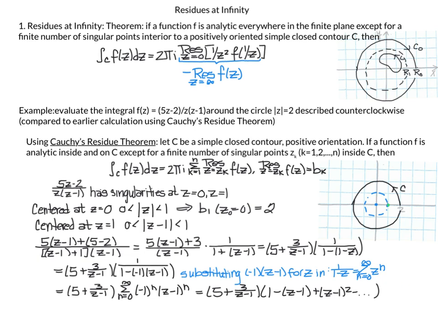We're looking for the term where we have z minus 1 to the minus 1 power. We can see that when we multiply this 3 times z minus 1 to the minus 1 power, we're going to have a z minus 1 to the minus 1 power. None of these other terms will contribute when we multiply by this 3 over z minus 1 or when we multiply by 5, which makes 3 our residue. So I've noted that here, B1 is equal to 3.